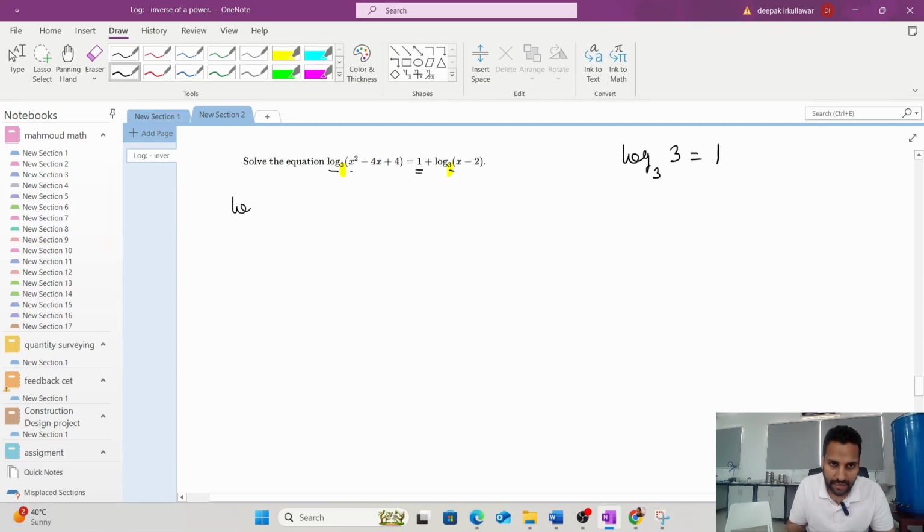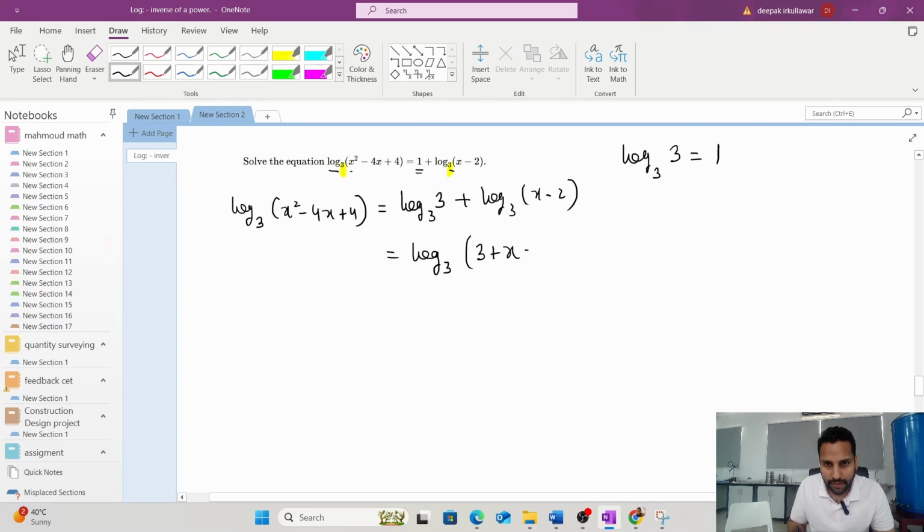So I can rephrase this as log base 3 of x square minus 4x plus 4, and I can write in place of 1, log base 3 of 3 plus log base 3 of x minus 2. Now since these both are in addition, I can write log base 3 of 3 times x minus 2, so this can be written as 3x minus 6.